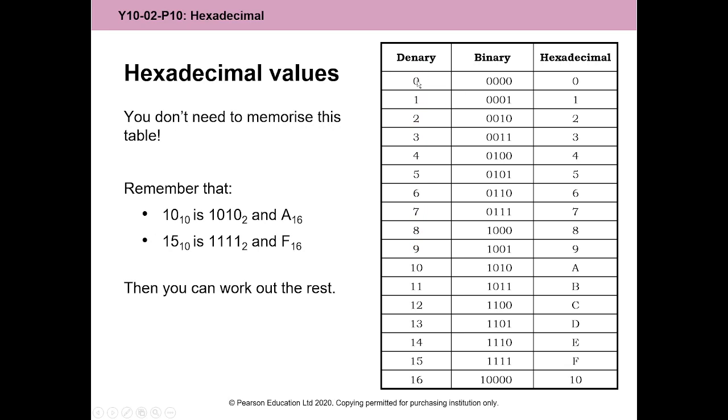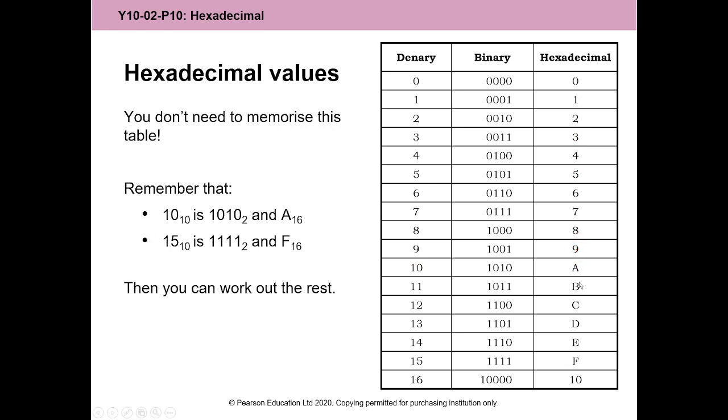But it doesn't make sense to map that denary to binary. It's wasteful, because by the time we get up to 10, we've got some extra things in our binary that we can't represent in our denary. And when we get beyond 9 up to 10, we have to use an extra character. In hexadecimal, we get around that by saying, well, I don't want to use 10 because that's 1, 0, that's 2 characters.